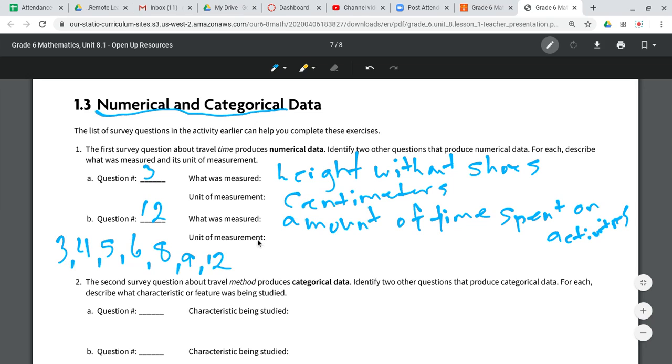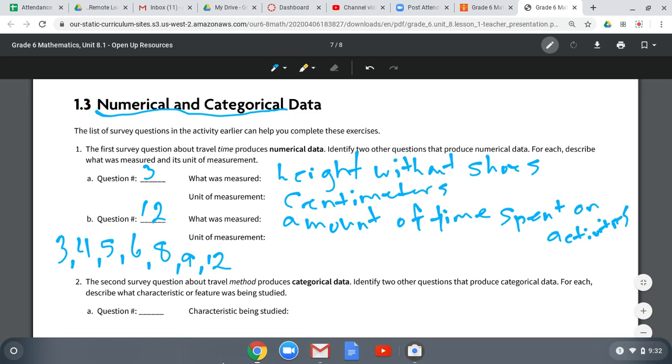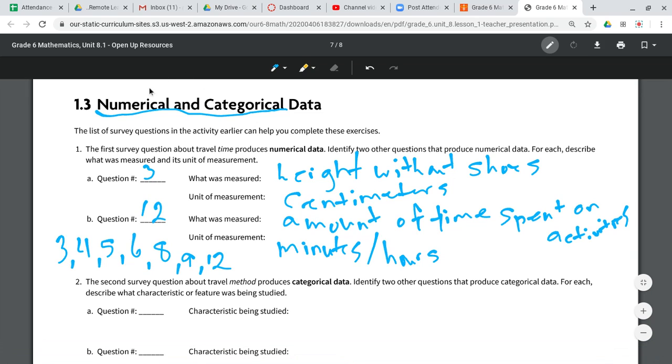And the unit of measure, it's going to be in terms of minutes, since we are looking at the nearest quarter hour. So minutes. I would also accept hours here. So this is our numerical data. Look at what we're actually measuring. Here we're measuring height. Here we're measuring time. Those are things that are a numerical set of data. Okay, it gives you a number.